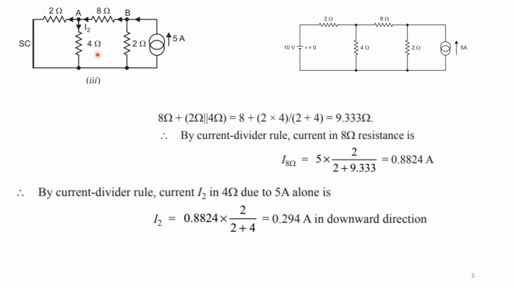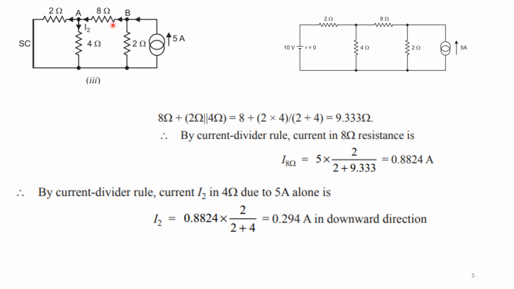If you see the diagram, this 2 ohm is in parallel with the 4 ohm, which is in series with this 8 ohm. So the total resistance is 9.33 ohm.